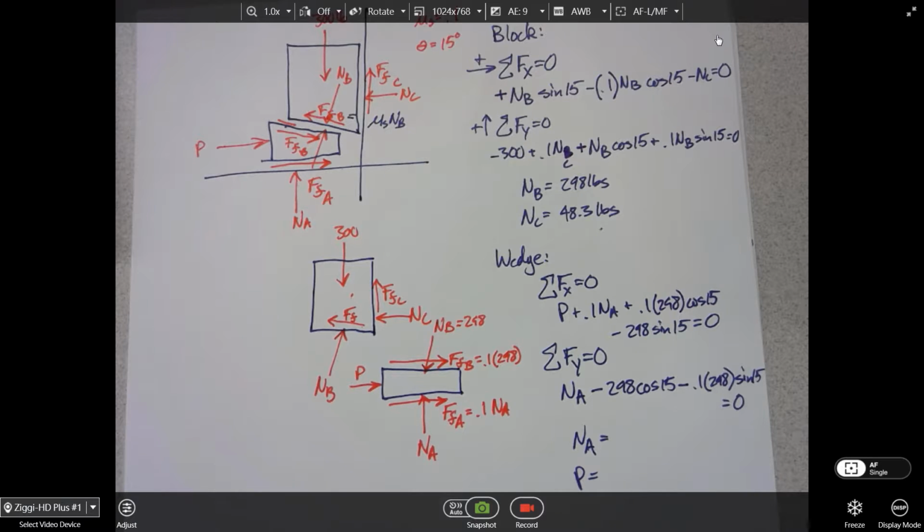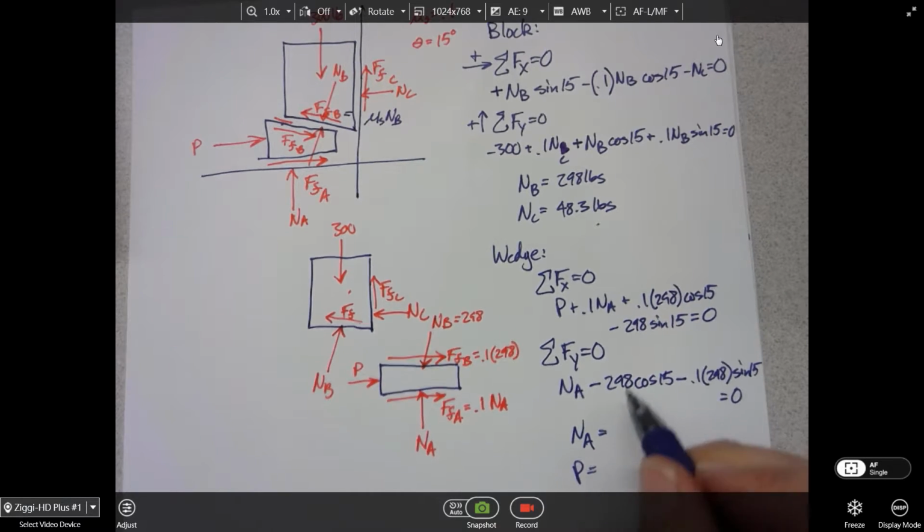But I think it's easier conceptually to put the P in, so that we can solve for a value for P and then determine based on it. So what Brendan was suggesting is that the friction forces have to be greater than the sine of NB. Yeah, so the friction forces would have to be greater than that. And that's essentially what we're doing with finding P and figuring out if it's positive or negative.